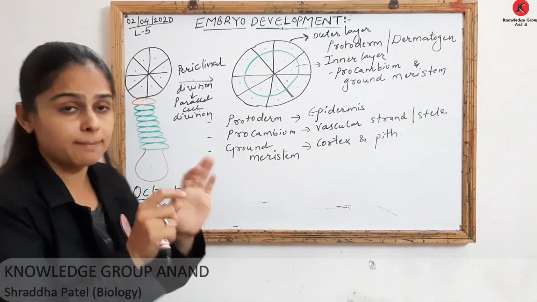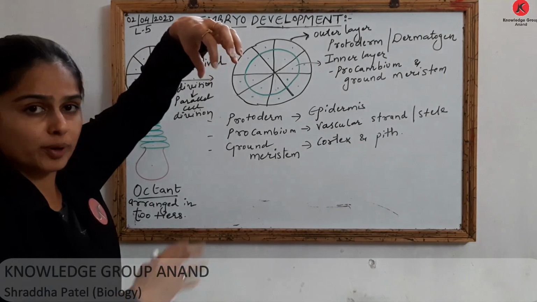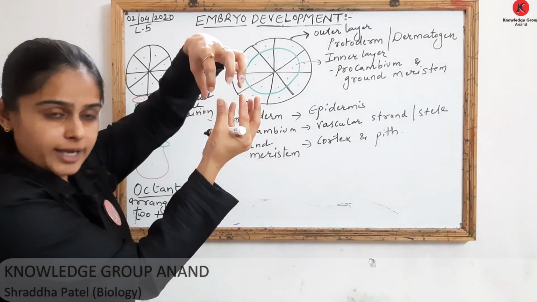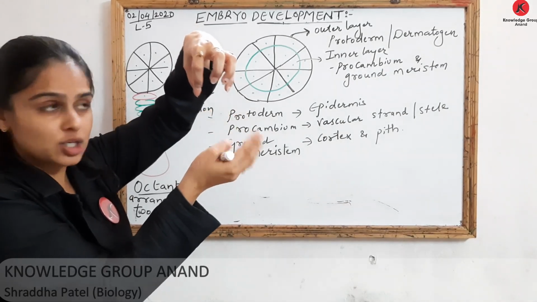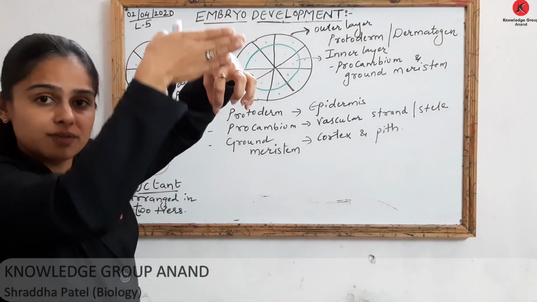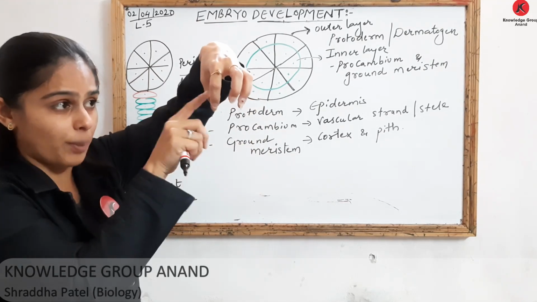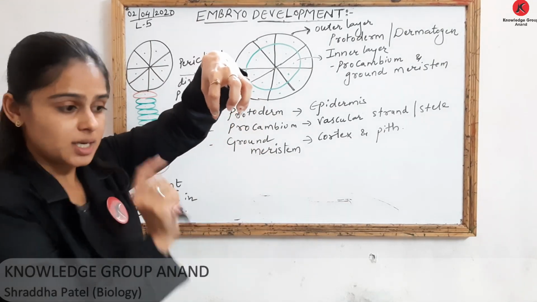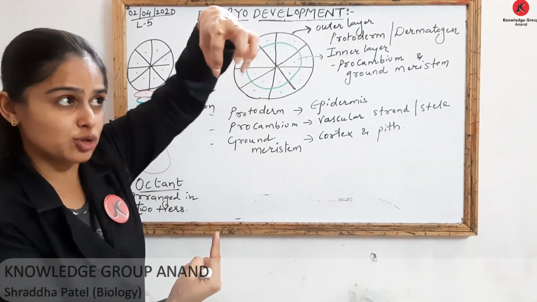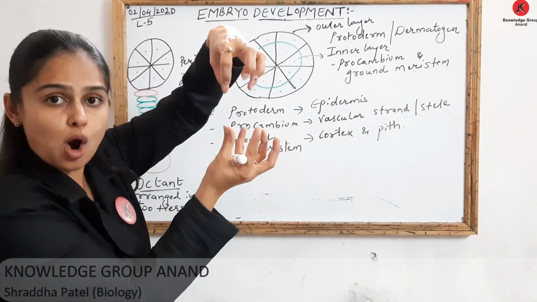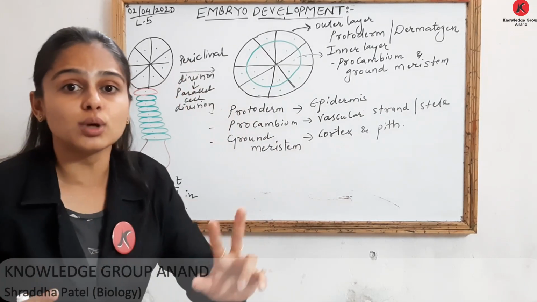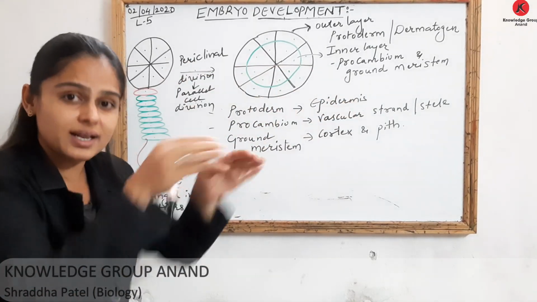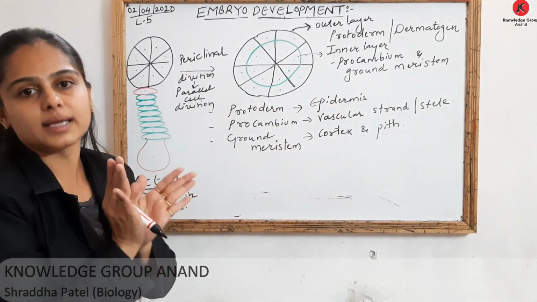Once again, ये आपका 8 cell structure ऊपर 4 थे, नीचे 4 थे. Now this undergoes parallel division. Parallel मतलब पेरिक्लाइनल डिवीजन मतलब पैरेलल. तो ऊपर 4 के कितने बने? 8. नीचे भी 4 के कितने बने? 8. So this is your upper octant, this is your lower octant, forming 2 layers, outer layer and inner layer.